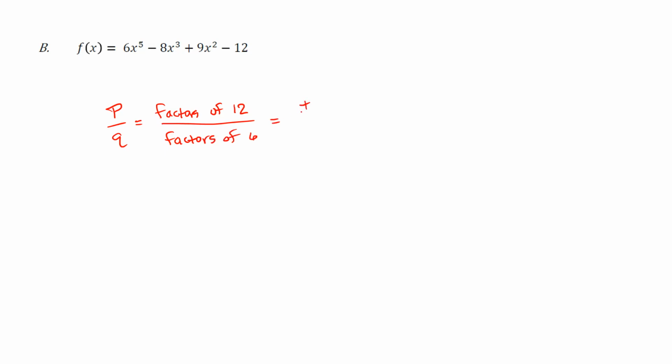So the factors of 12 are 1, 2, 3, 4, 6, and 12. And the factors of 6 will be 1, 2, 3, and 6.